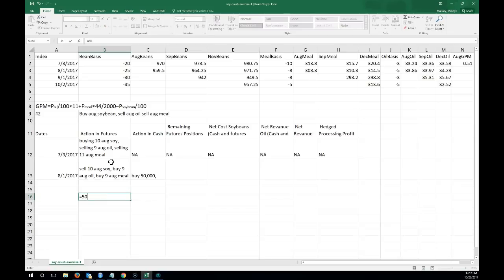If we crush 50,000 bushels of soybeans and we get 11 pounds of oil for every one of those, we're going to have 550,000 pounds of oil to sell. And if we crush 50,000 bushels of soybeans, and we get 44 pounds of meal, then we'll get 2.2 million pounds of soybean meal. So we'll just record that here.